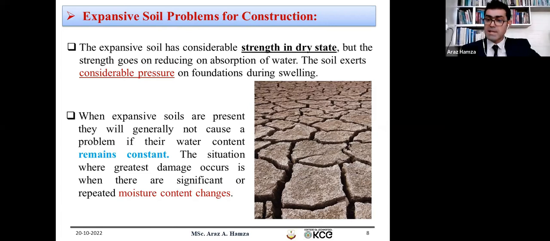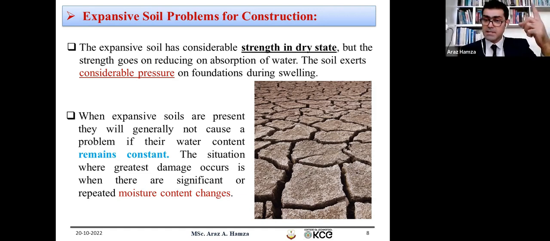If the land is dry, you can say it is very good land for constructing the project. But if it is expansive soil, you cannot depend on it, because in the wet season it faces swelling. This is the main problem for construction. When expansive soils are present, they will generally not cause a problem if the water content remains constant.